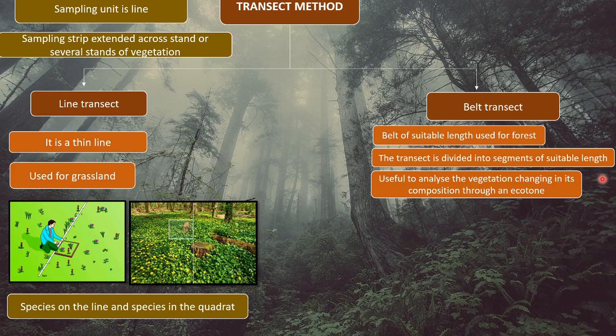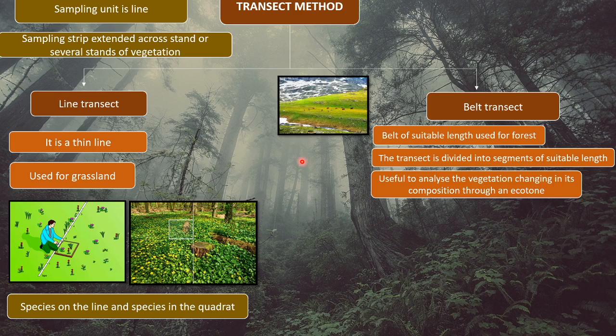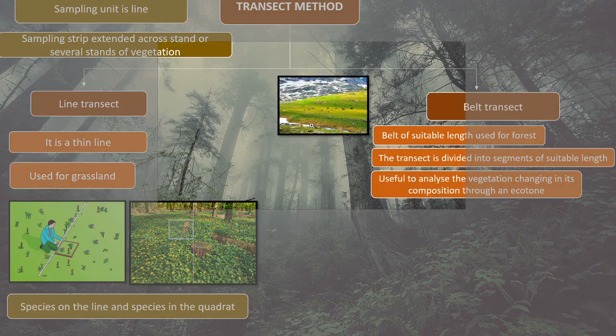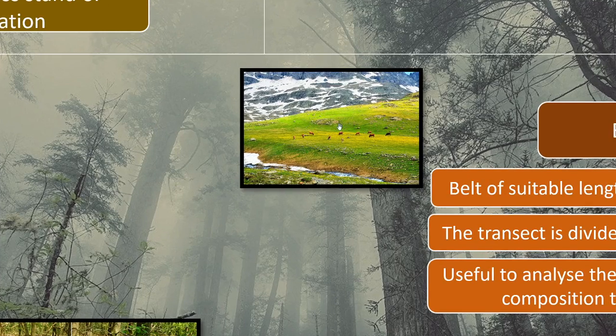Let us understand this with an example of an ecotone. This method is mainly useful to analyze the vegetation changing in its composition through an ecotone. So for this you need to know what an ecotone is. An ecotone is an area where two different communities meet, right? That is called an ecotone. We can understand with this example. Let me zoom in. See, this is an ecotone.